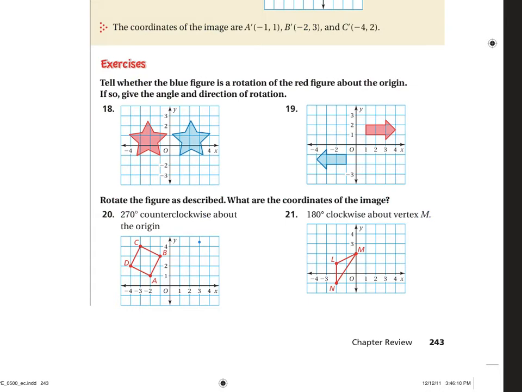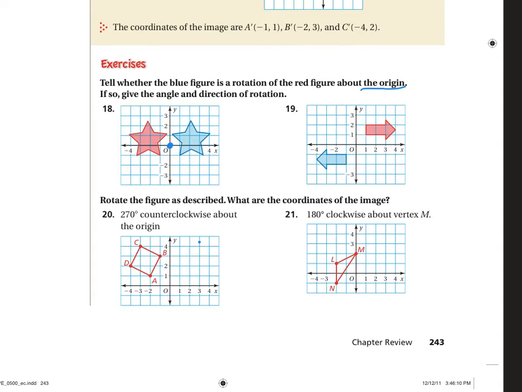The last part of this chapter was on rotation, and I think more people had a hard time with this. So first, 18 and 19 say, tell whether the blue figure is a rotation of the red figure about the origin. And we talked about how the origin is going to be the center point right here, 0, 0.